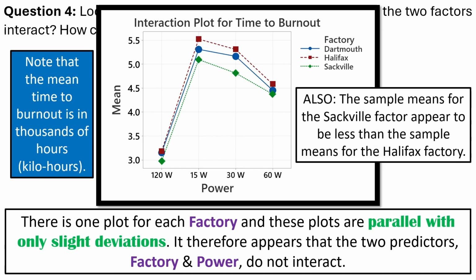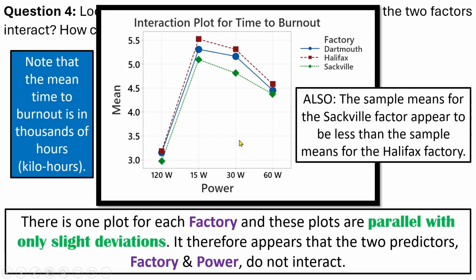Note also that the sample means for the Sackville factory appear to be systematically less than the sample means for the Halifax factory. What I mean by systematic is each of these red mean values for Halifax is bigger than each of these green values for Sackville.